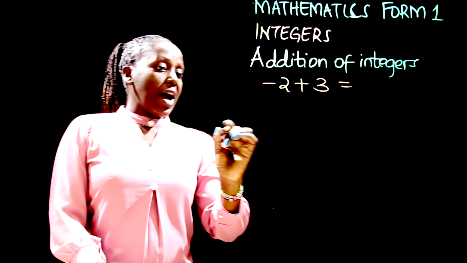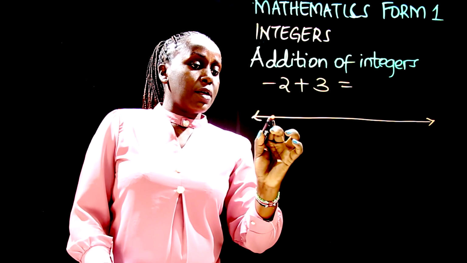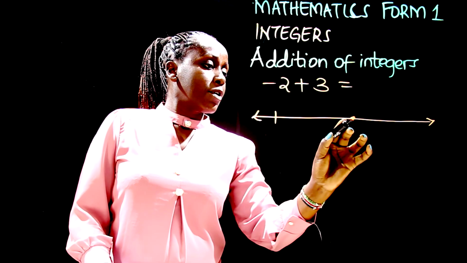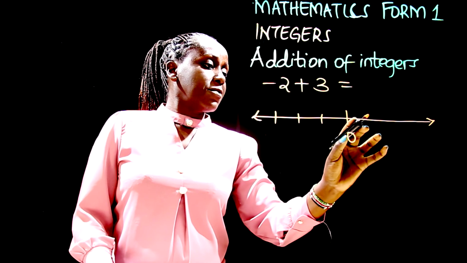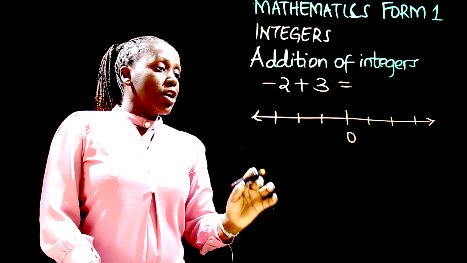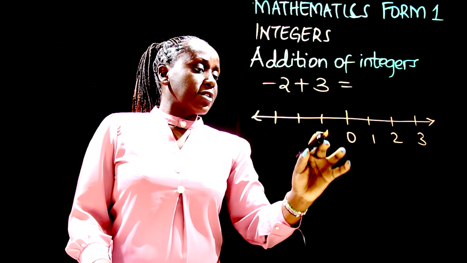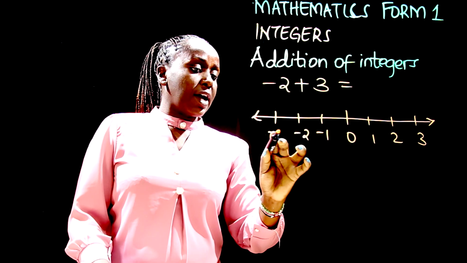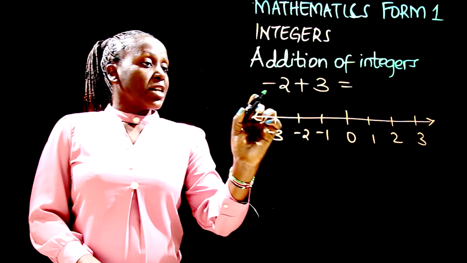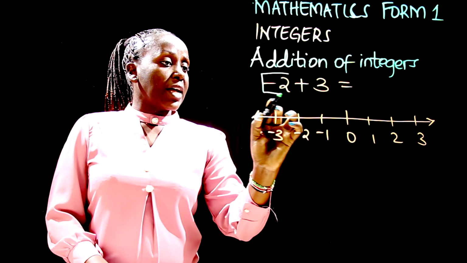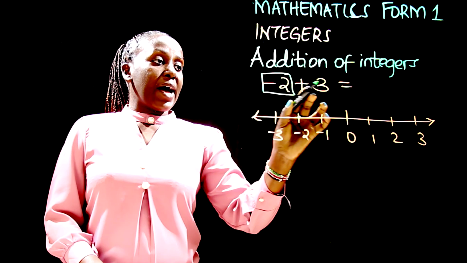So we are going to have our number line, okay? In the middle we have 0, then ensure that you have equal divisions. So from 0 we have 1, 2, 3, -1, -2, -3. So we want to add. Now our starting point is -2. So we are at -2, now we add 3.